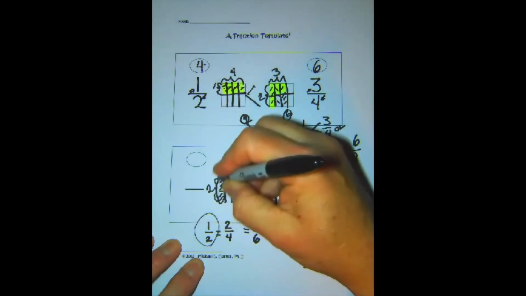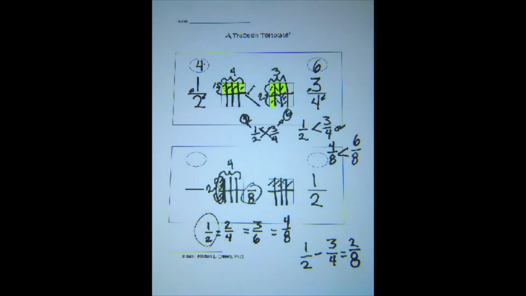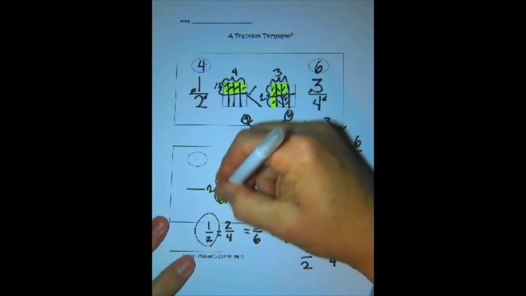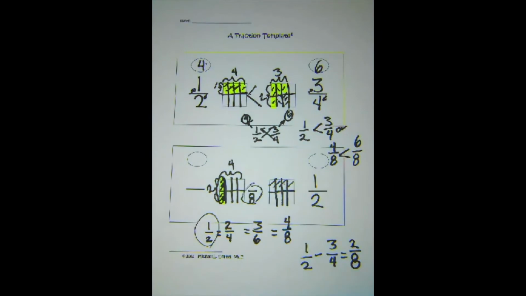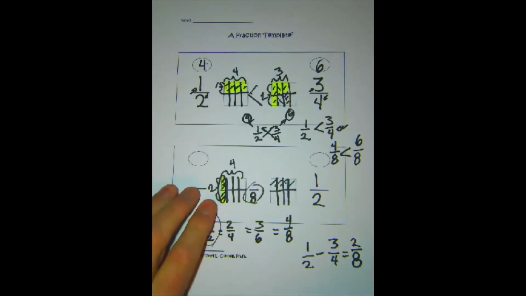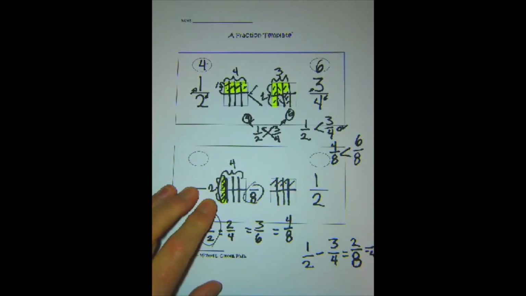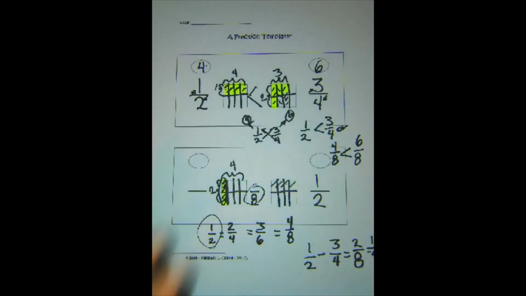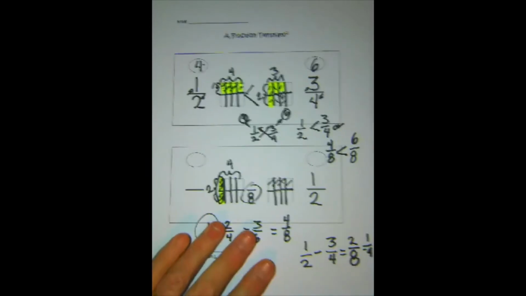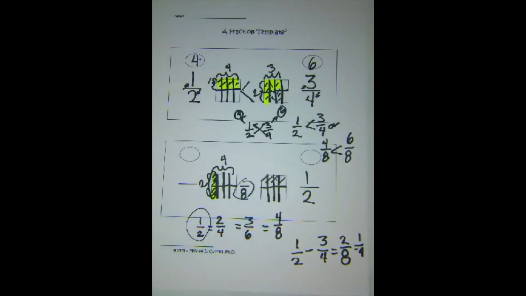So I could describe it as share with 8 and take 2, or I could describe it as share with 4 and take 1. Again, you'll notice that we're getting the full benefit of this equivalent form, aren't we? We're able to use that now to show equivalent names, and that's helping us in terms of reducing.